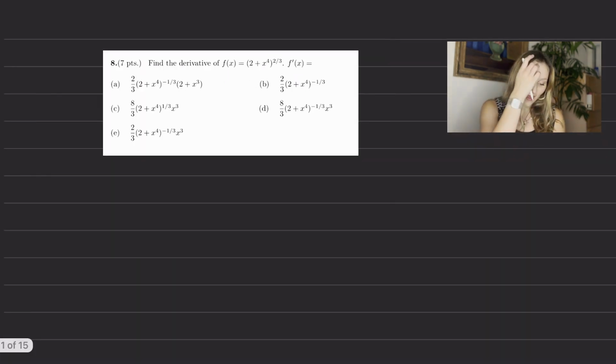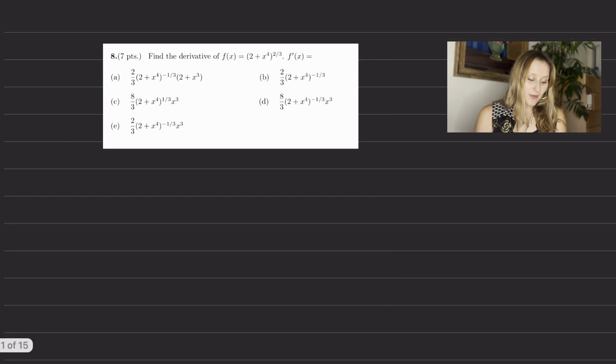Okay. Find the derivative of f of x equals 2 plus x to the fourth, to the 2/3 power. F prime is what we're trying to find. We got this. We just have to use the rules that we already know.